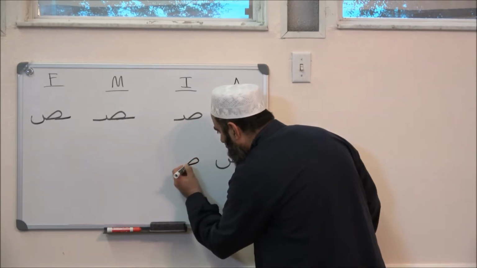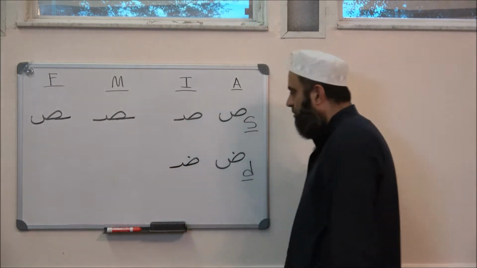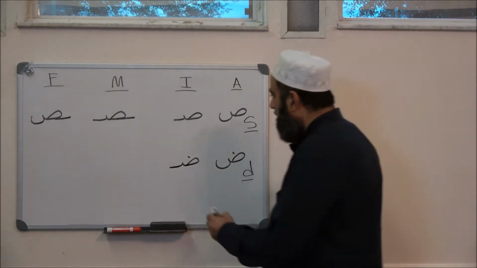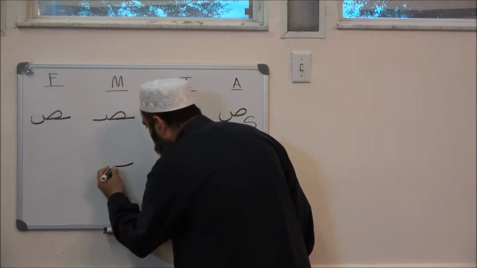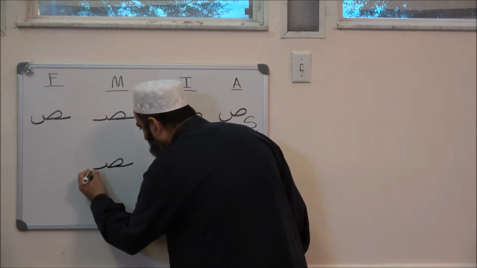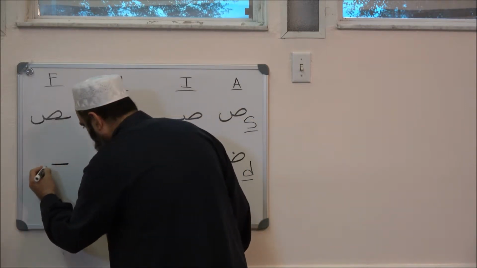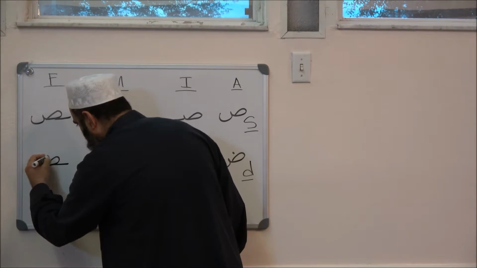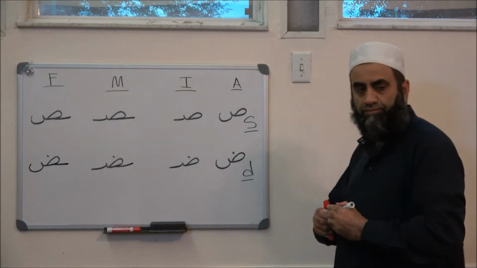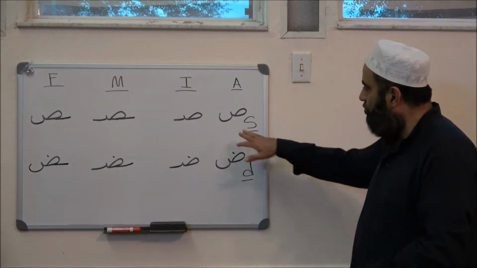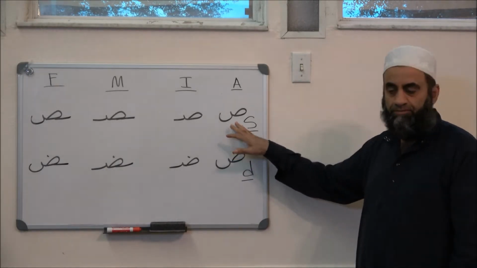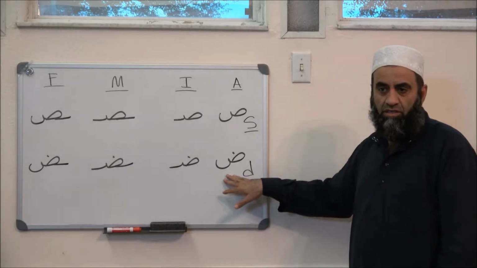In the initial position, here's my da. In the middle position, here's my da, connecting from here and here. And this is my final position. So this is sa, and this is da.